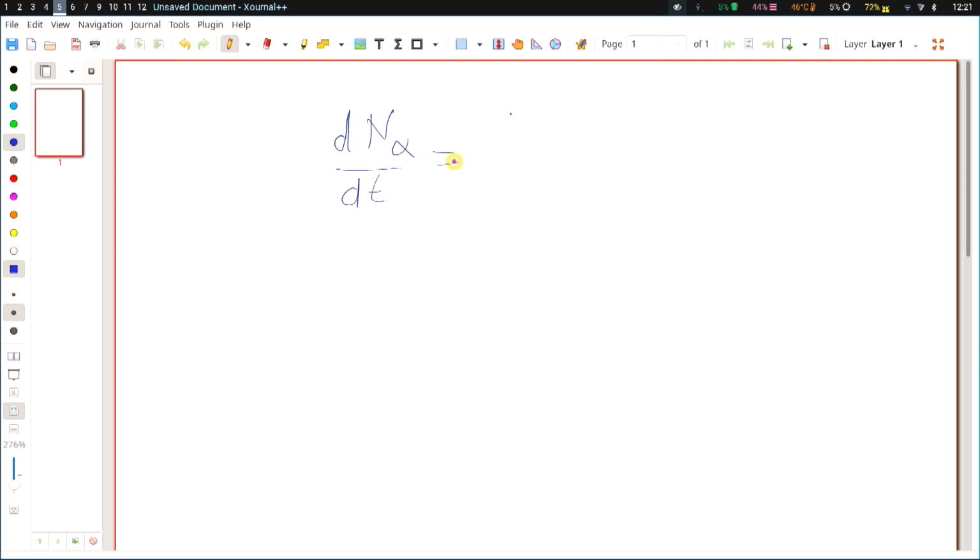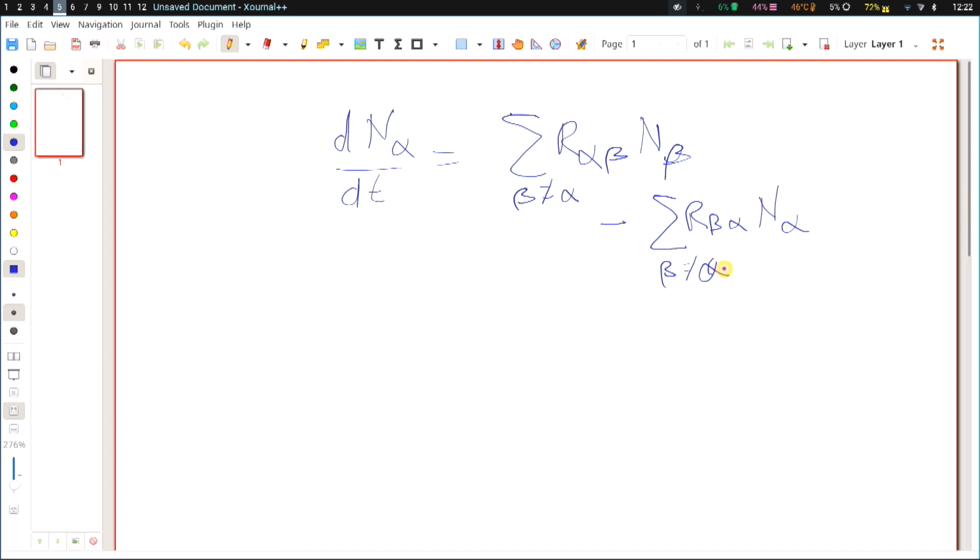That is the rate of mutations from other nucleotides into this nucleotide, where beta is not equal to alpha, minus, again with beta not equal to alpha, the rate at which the nucleotides that are alpha turn into something else.